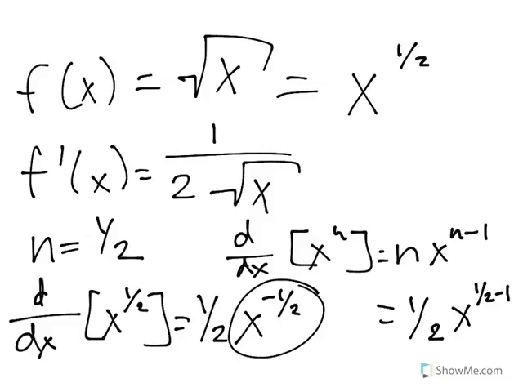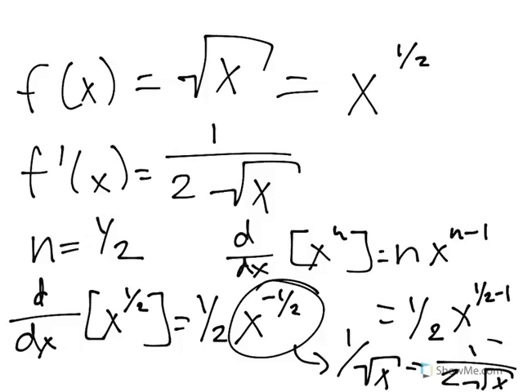Well, x to the negative 1/2 is 1 over square root of x. And so we can just rewrite this as 1 over 2 square root of x, which is exactly what we got before. See? It's the same thing.